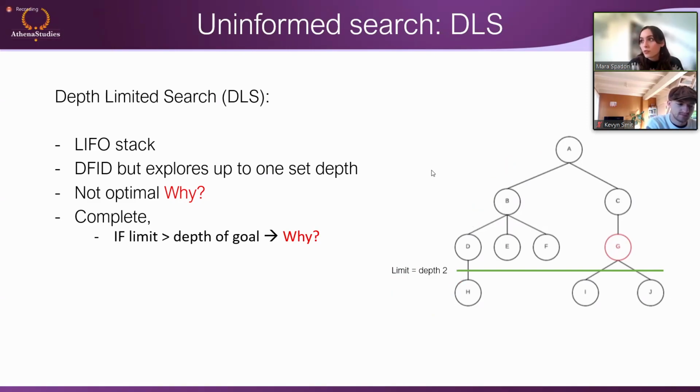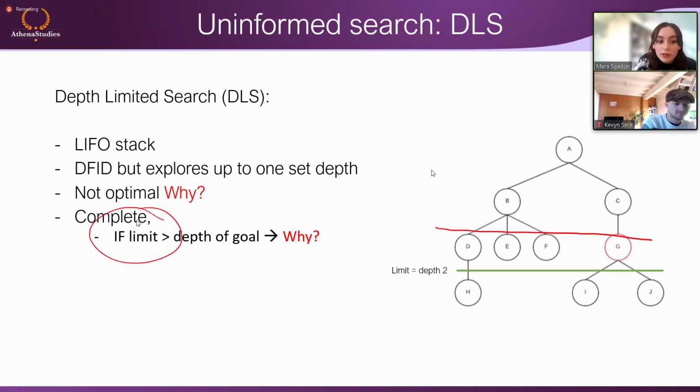So it is not optimal for the same reasons as depth first search, as it may generate a large number of steps or a high cost to reach the goal, right? Because we didn't cut the tree up at every level, we just only have one limit. But it is complete only if the limit is higher than the depth of the goal. Does that make sense? So if the limit would be here, then it could never find the goal, right?